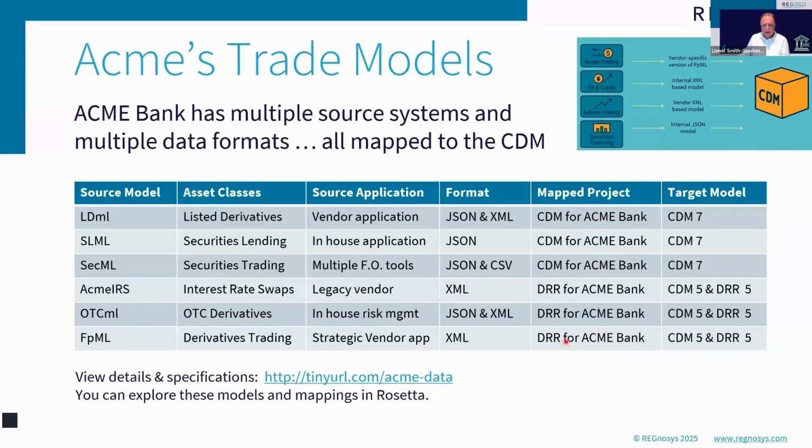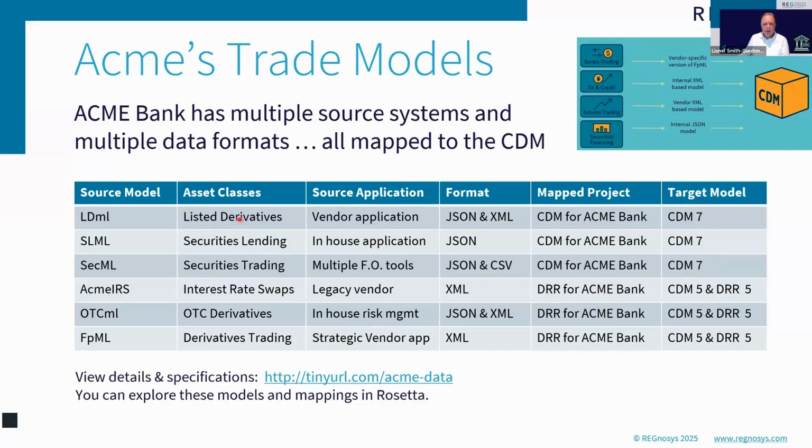We have two projects in Rosetta, one which is CDM for Acme Bank, one is DRR for Acme Bank. The reason for those being separate is the CDM examples are leveraging the capabilities of the latest version of CDM, which is CDM 7.